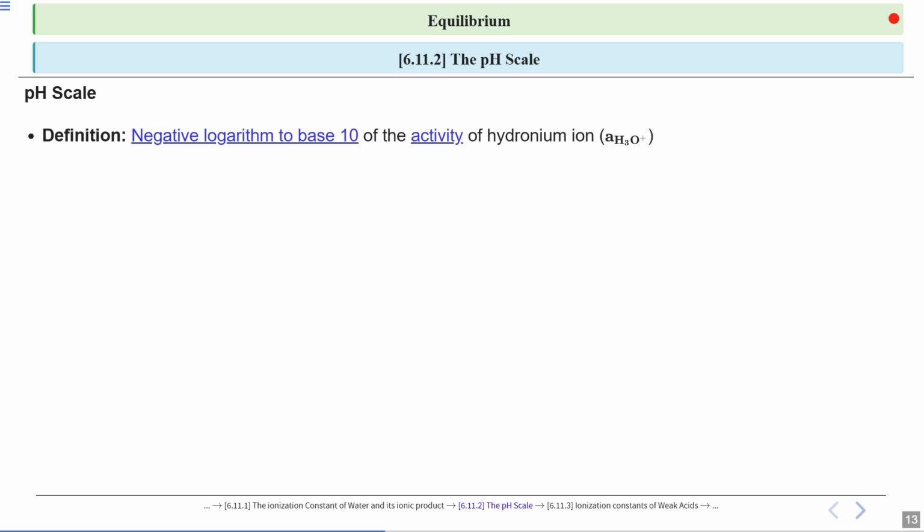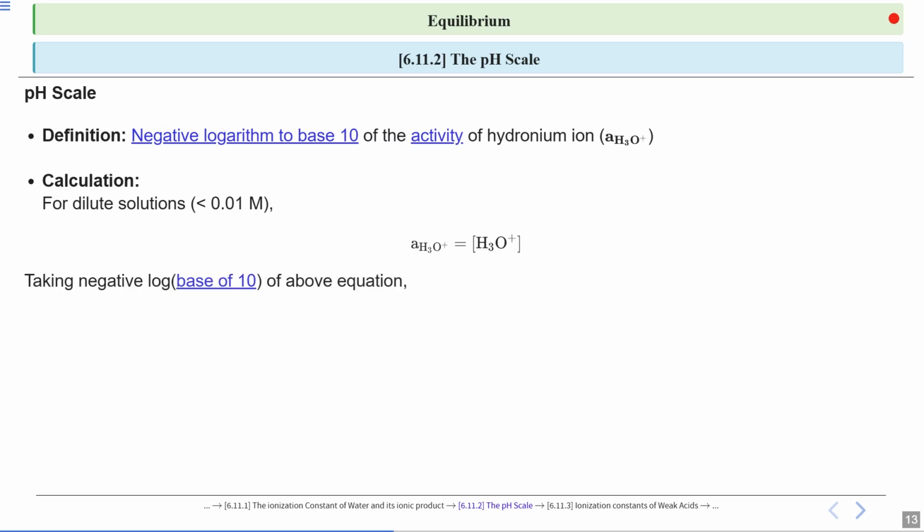Now, if you know that activity is equal to concentration, then for a dilute solution, the activity of hydronium ion will simply be equal to the concentration of hydronium ion. Further, taking the negative log with base 10, we get pH is equal to minus log activity of H3O plus, which is equal to negative log of the hydronium ion concentration.